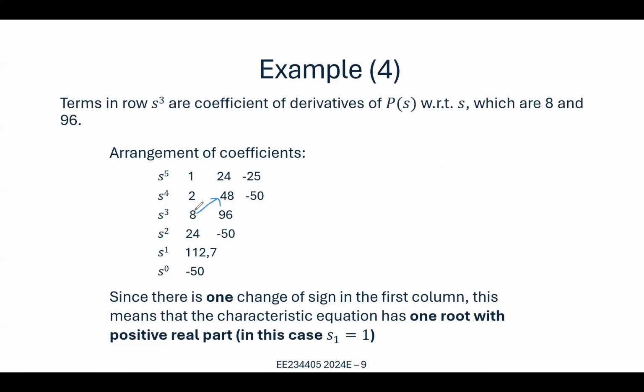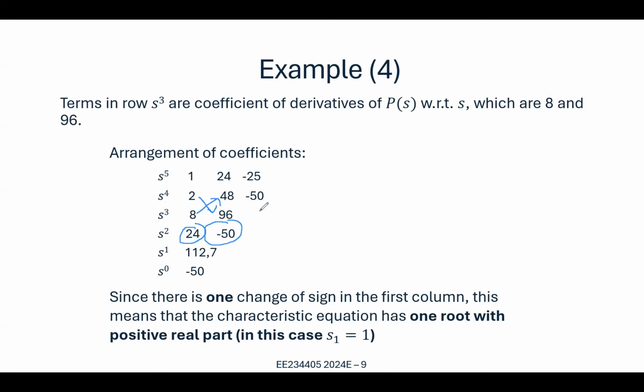So we progress as usual, and now we have 8 times 48 minus 96 times 2 divided by 8, which is 24. And for example, we have 8 times minus 50, reduced by 0, and then divided by 8, so it would be minus 50 again.